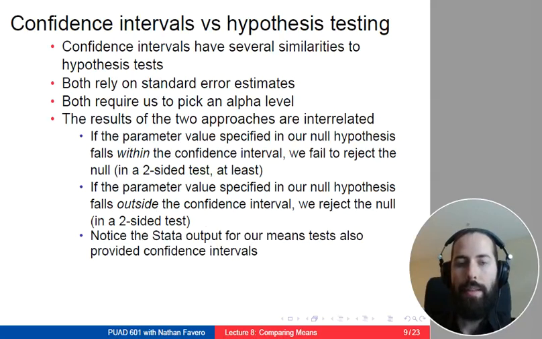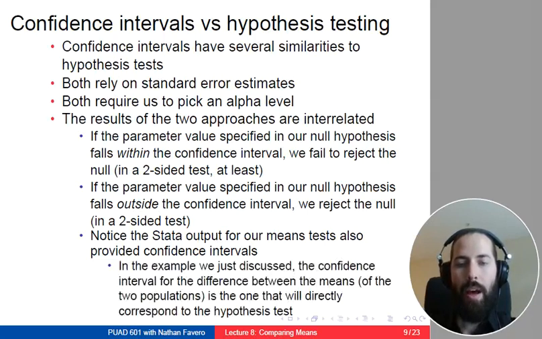So in Stata, like we said in the prior video, the output for t-tests also gives us confidence intervals, and many procedures that we run in Stata automatically give us both a p-value for a hypothesis test and a confidence interval.